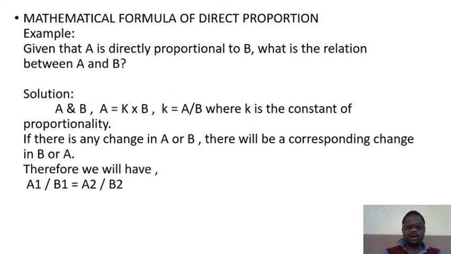So now in this case we say that K is equal to A over B. So that means if there is any change in A or B, there will be a corresponding change in B or A. So in the other way around, we can represent this particular proportionality by A1 over B1 is equal to A2 over B2.